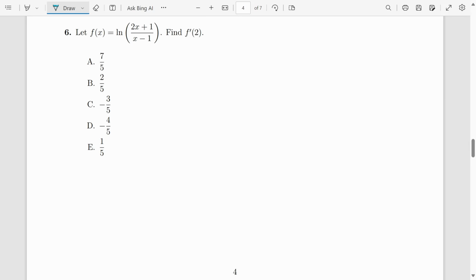We have f of x equals natural log of (2x plus 1) all over (x minus 1), and we're asked to find its derivative and then plug in 2 into that derivative. First step for this derivative, it looks like this natural log is superseding everything, and that's probably the thing we have to take the derivative of first.